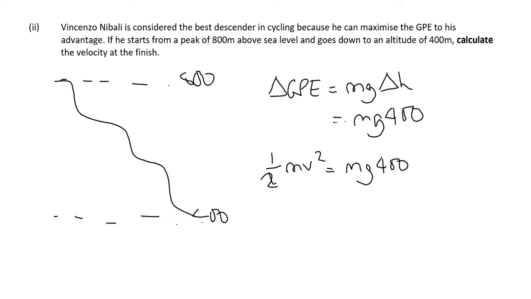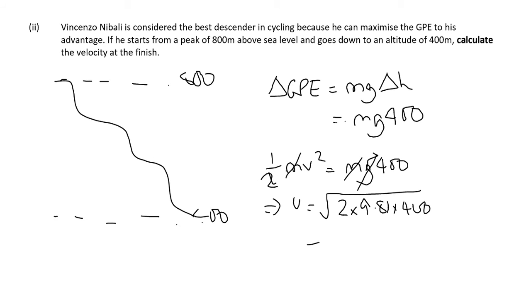So we can cancel the m. So the velocity is going to be the square root of 2 times 9.81 times 400, which gives an overall velocity of 89 meters per second, to two significant figures. Okay, so fairly straightforward, just some basic energy transfers.